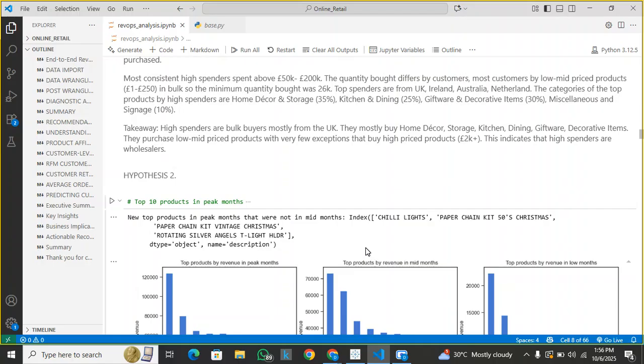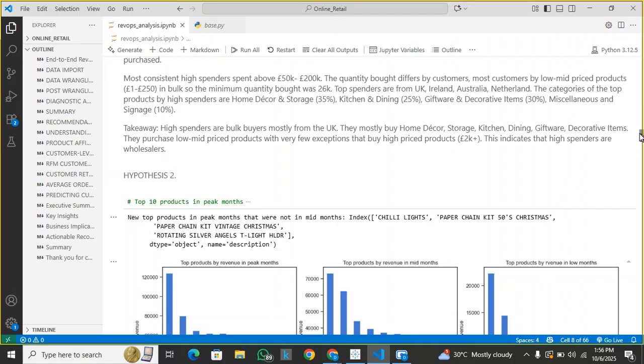So we can see that there were new products that surfaced in the peak months that were not in the average months. So we see that Chili Light, Paper Chain Kit 50s Christmas, Paper Chain Kit Vintage Christmas, Rotating Silver Angels, Tea Light HLDR.